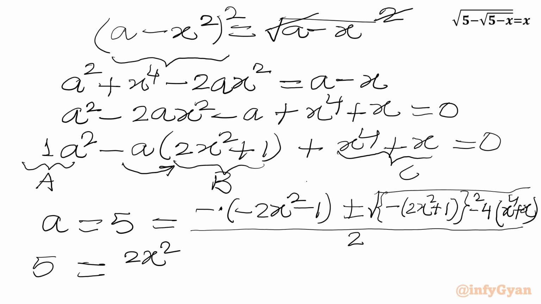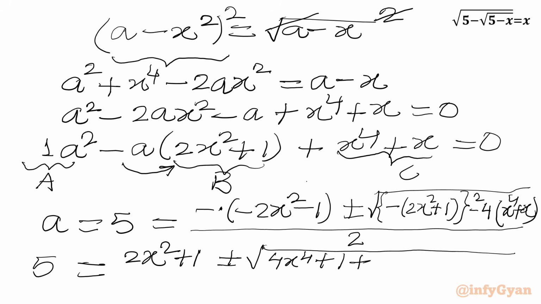We will write here 2x square plus 1. Then we have plus minus sign, square root of minus square is plus. Now we have to expand over here, 2x square plus 1 whole square. We will get 4x power 4 plus 1 plus 4x square.